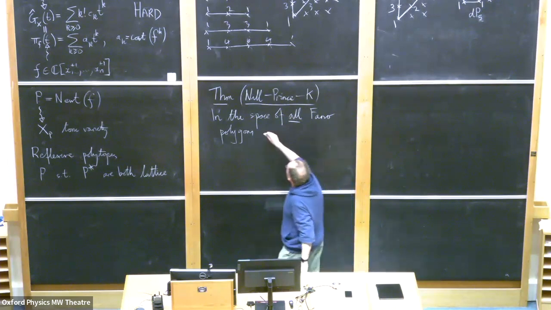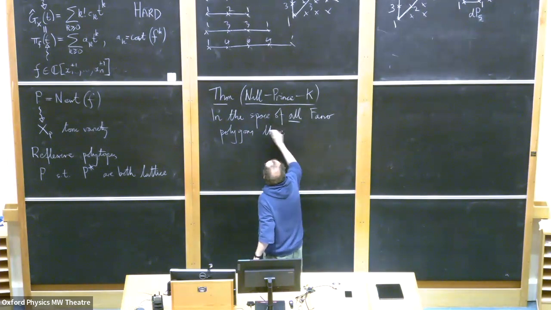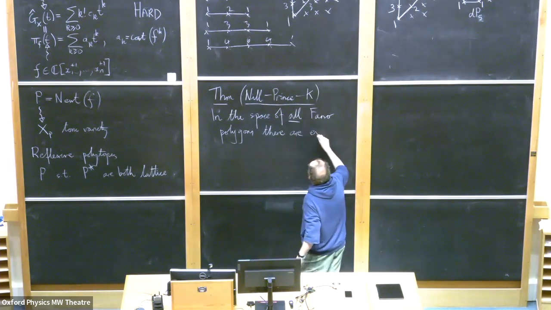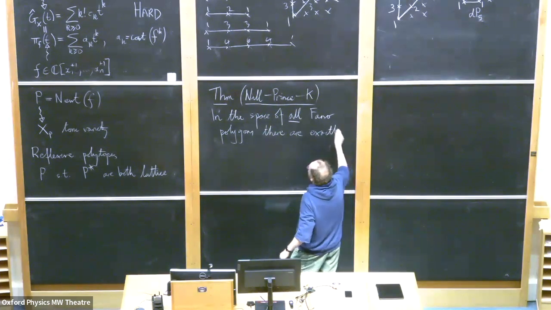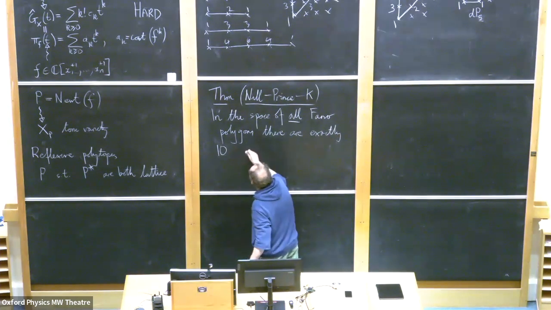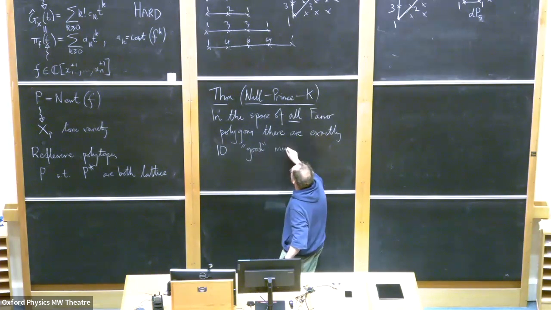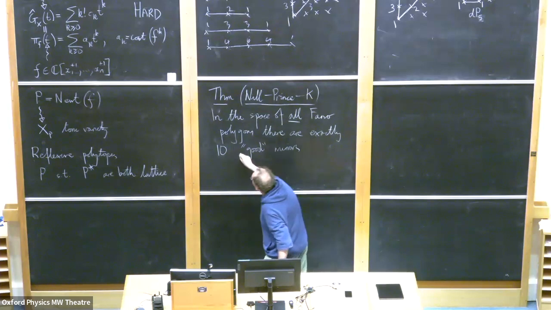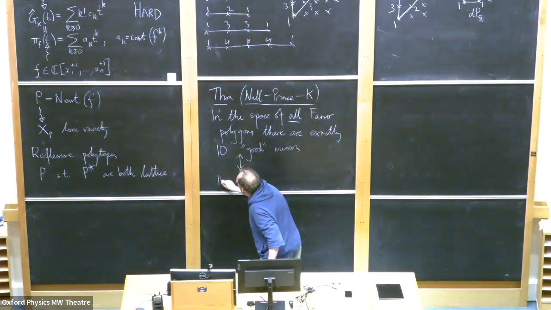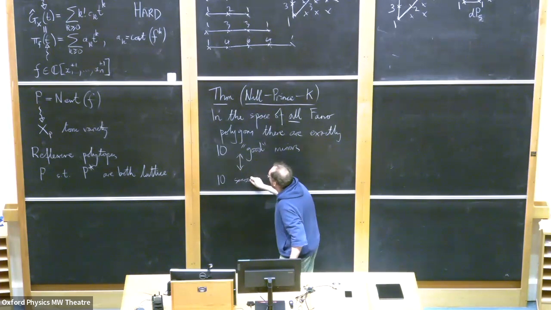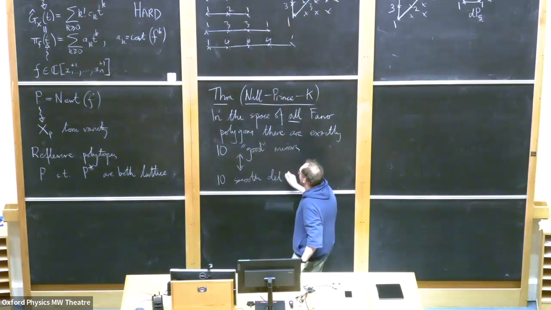I'm going to say there are exactly 10 mirrors, or 10 good mirrors, and these correspond exactly to the 10 smooth pencils.